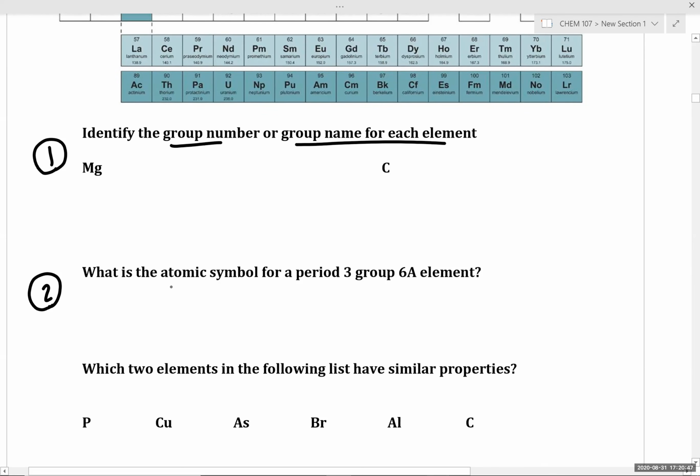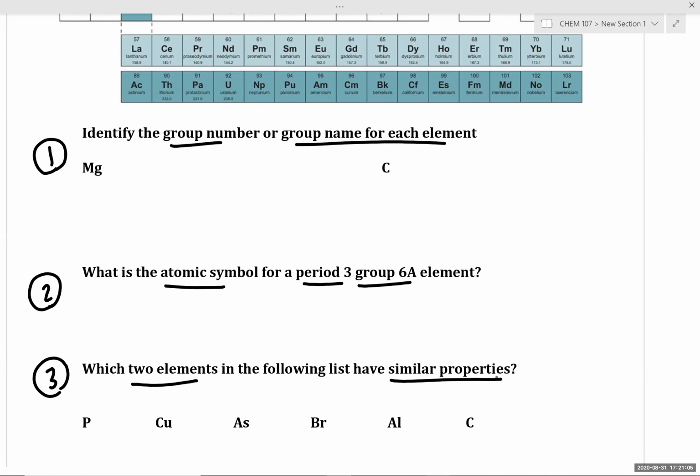Question 2, tell me the atomic symbol for a period 3 group 6A element. And for question 3, tell me which 2 elements in this following table would have similar properties and reactivity. Let's take about 4 to 5 minutes to work on this example, just to be generous with the time provided.